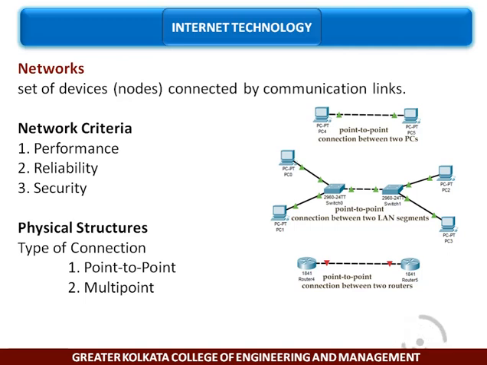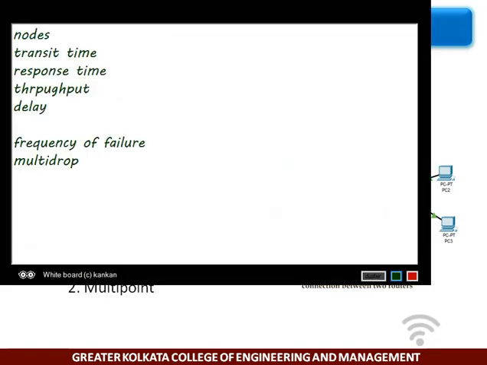In a multi-point environment, the capacity of the channel is shared, either spatially or temporally. If several devices can use the link simultaneously, it is a spatially shared connection. If users must take turns, it is a time shared connection.